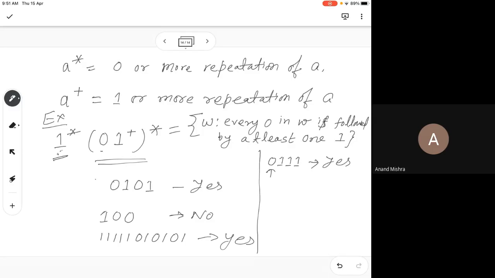Every 0 in W is followed by at least one 1, but it can have more ones as well, right? And it can start with 1. So this may not be the complete definition as such, but it is also correct if I just include this part. So 1 star is zero or more instances of 1.